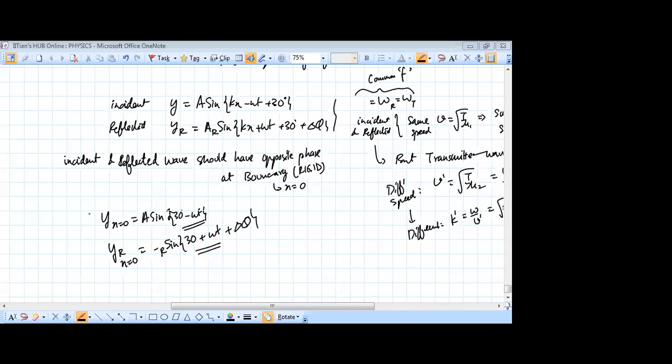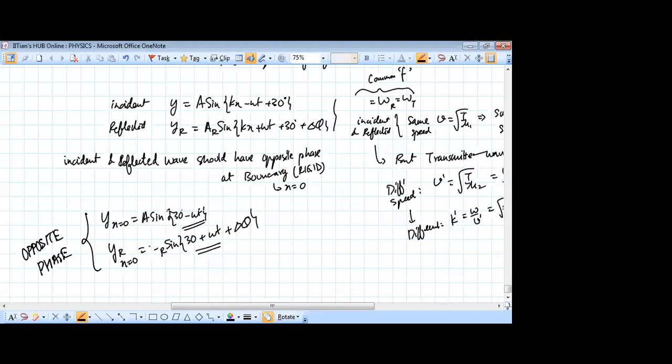Okay. So coming back to this, these two equations should be of opposite phase. So opposite phase means whatever value this is giving, this should give the opposite of it.